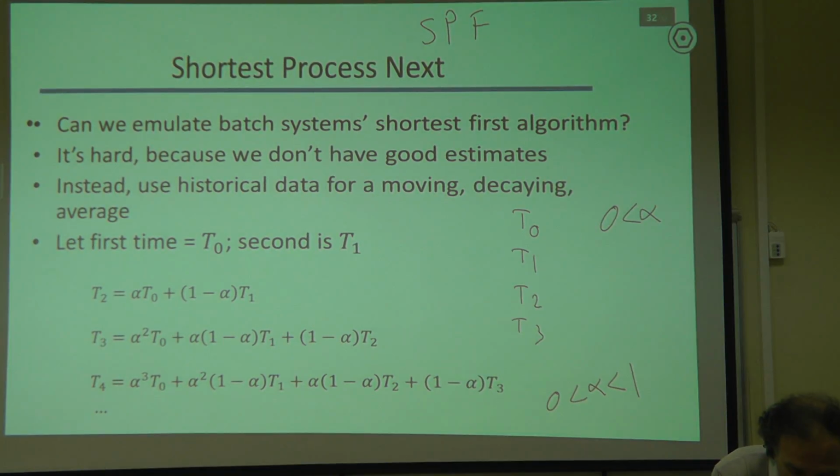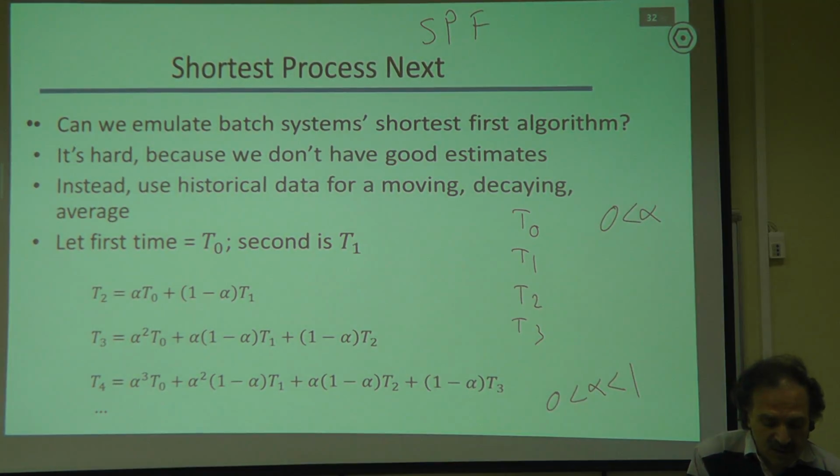When I estimate T3, I can use this, 0.5 times 0.5 times T0, then this, then this. As you see, the most important number here is T2, then T1, then T0. The closer the number is to me, the higher effect it has on my estimate.